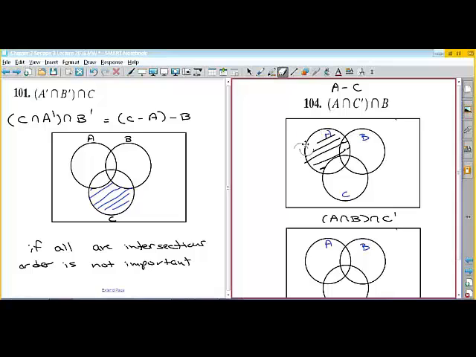Let me just show you what it would be if you did it without using the subtraction thing. The way it would work is this would be A, and the complement of C would be everything except what's in C. So it's everything outside of C. So the red is the complement of C. I'm just drawing lines until I run into C, and then I skip over top of it.